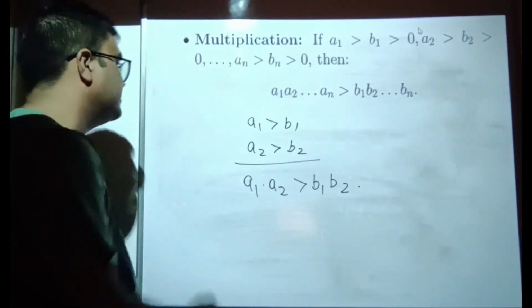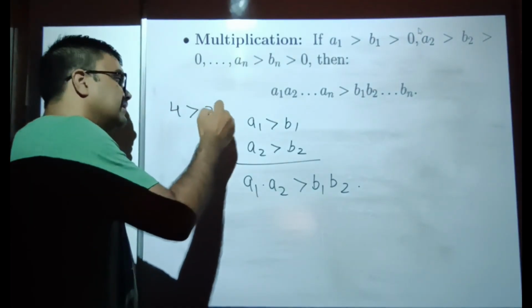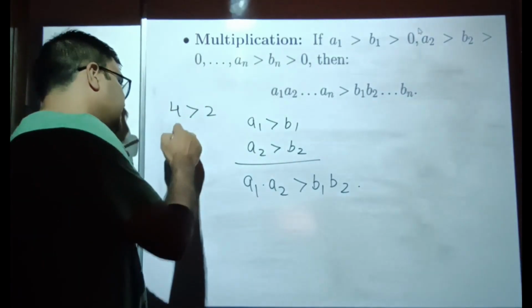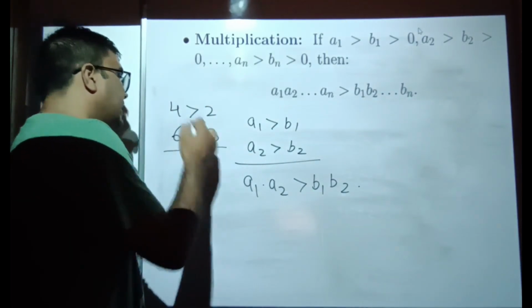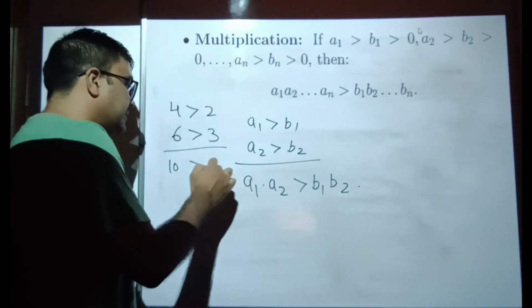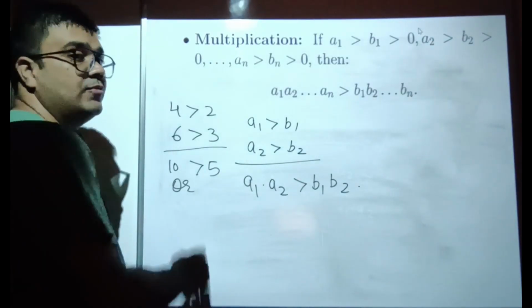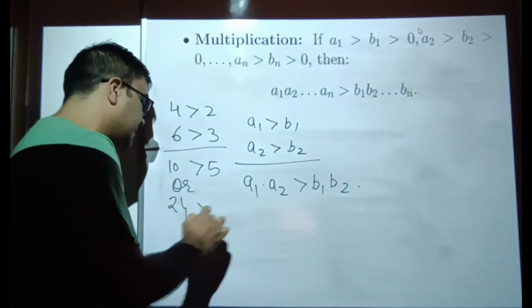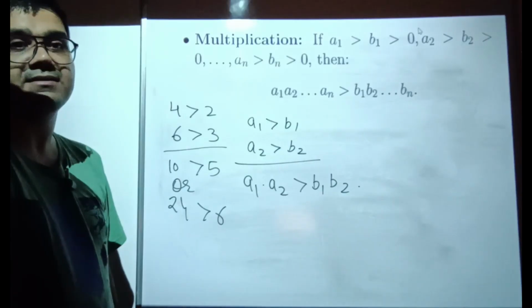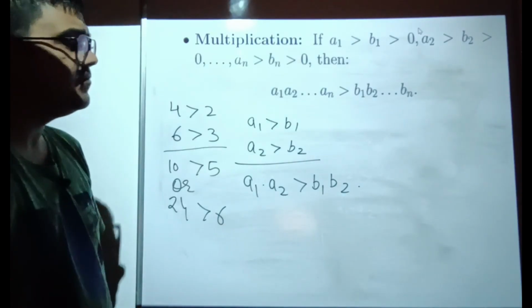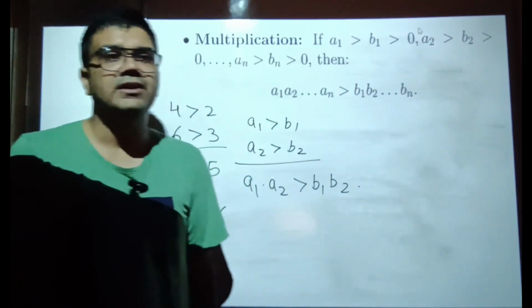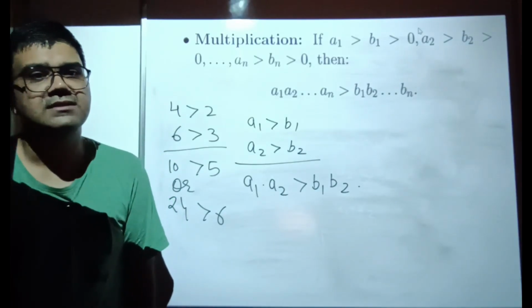What we mean to say is 4 is greater than 2, 6 is greater than 3. You can add these and get 10 is greater than 5. You can multiply these and get 24 is greater than 6. So these are just the basic results that you can use whenever you are doing these calculations.